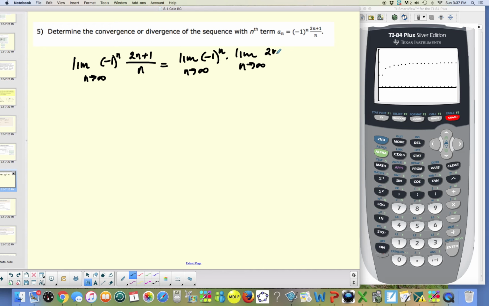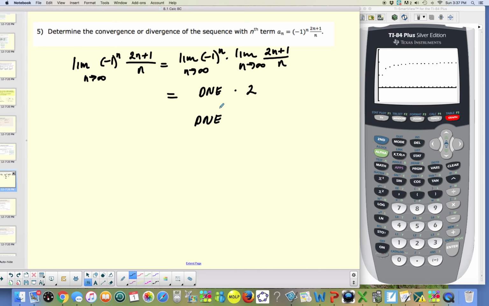So that's going to be this. Now, in the previous example, we did find that this limit was 2. But this limit doesn't exist, and that's because if n is even, this will be +1, and if it's odd, it's -1. So when this doesn't exist, then the whole thing doesn't exist.